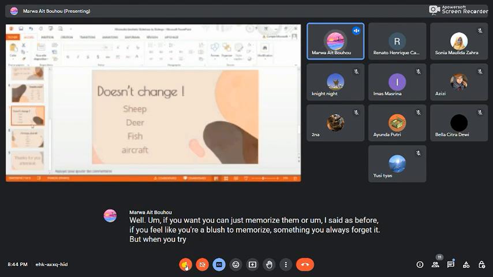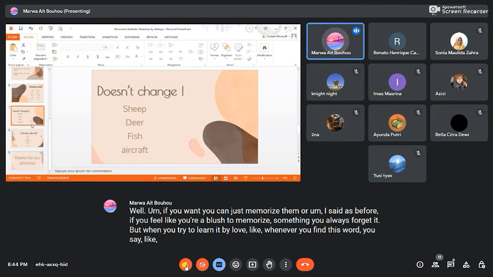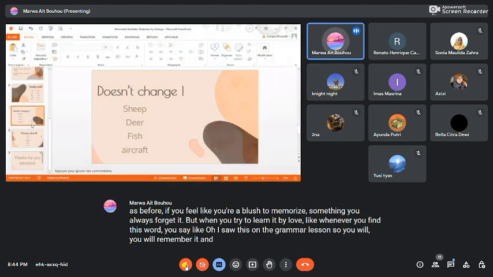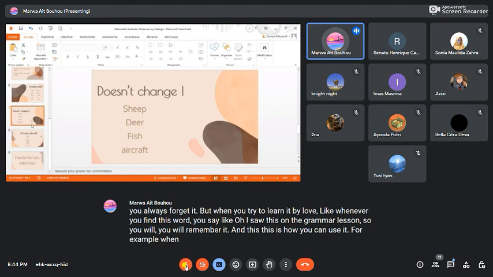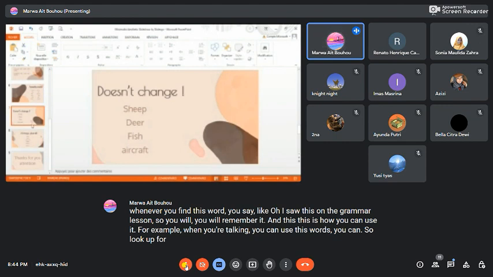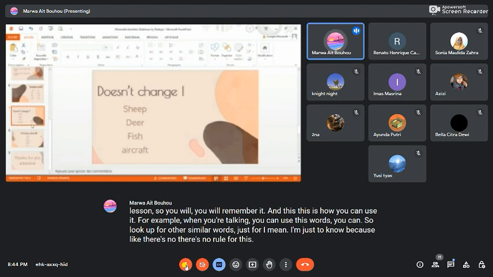But when you try to learn it with love, whenever you find this word, you say, "Oh, I saw this in the grammar lesson." So you will remember it, and this is how you can use it. For example, when you're talking, you can use these words. You can still look up other similar words, just to know, because there's no rule for this. It's just memorizing.